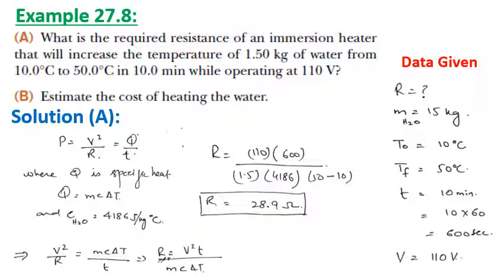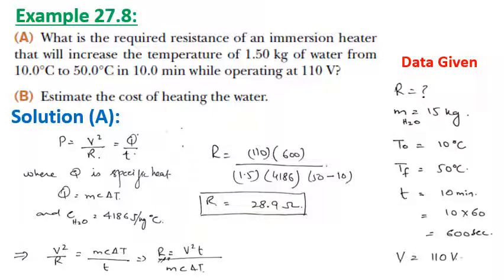So we put in the values. We have the value of V. We are to calculate resistance over here, and we know the value of mass of water, c, and change in temperature over time. So R will equal V squared into T divided by mc delta T.